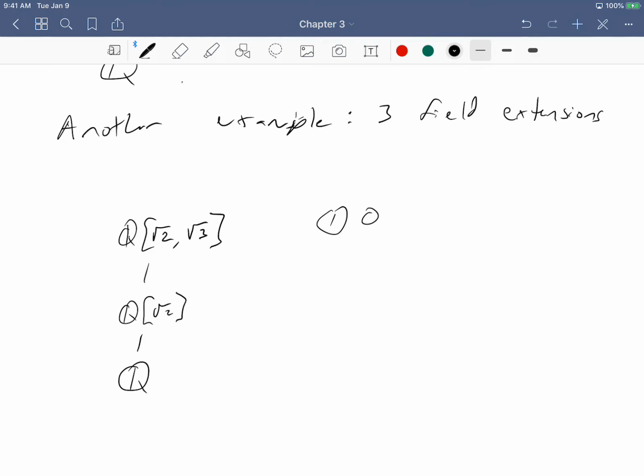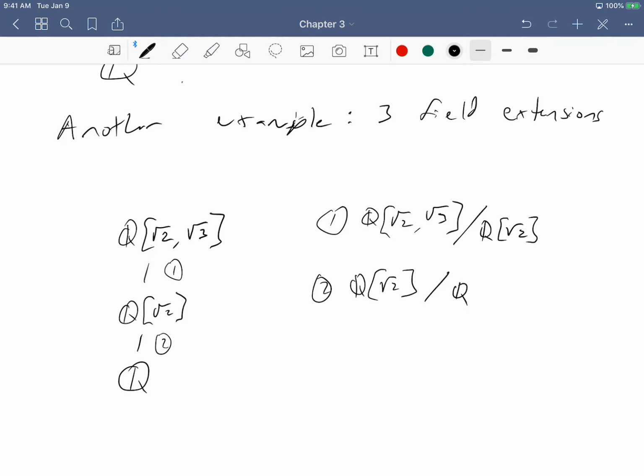They are Q adjoin root 2, root 3 over Q adjoin root 2, a field extension. We have down at the bottom here this Q adjoin root 2 over Q field extension.